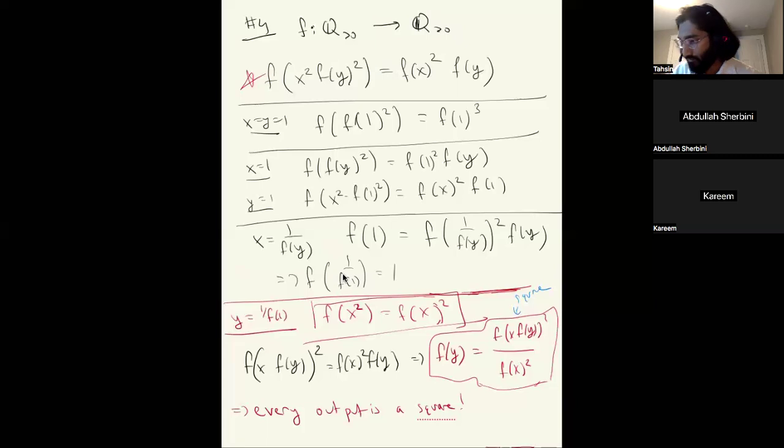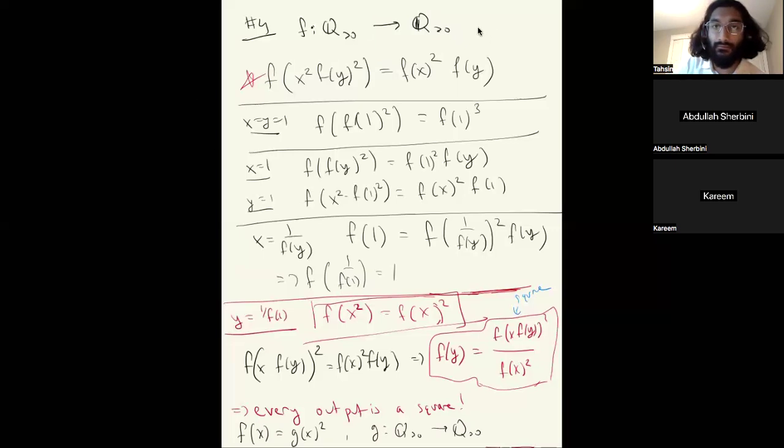So, maybe we can say f of x is equal to g of x squared, where g is a function from Q to Q, right? Okay, I think I want to start a new page because there's a lot of information here.